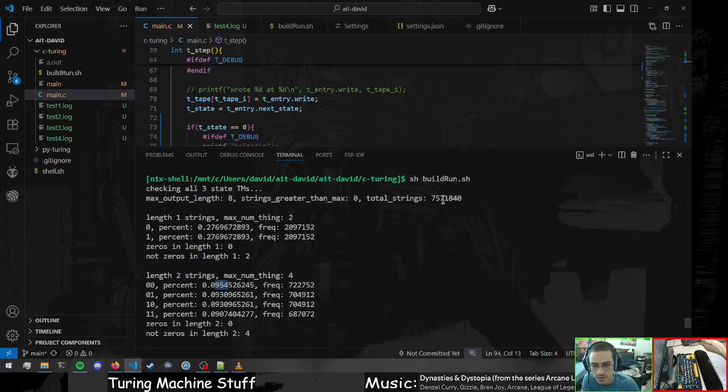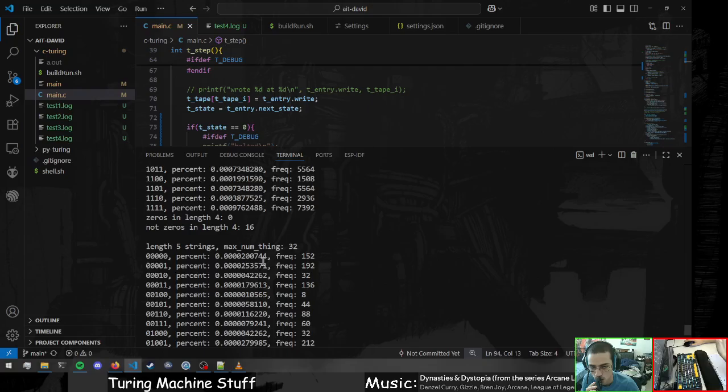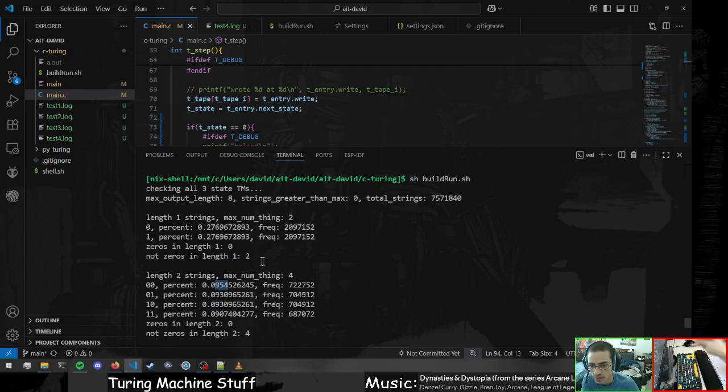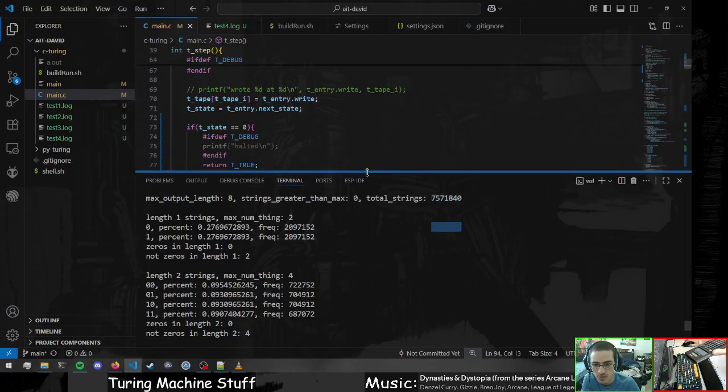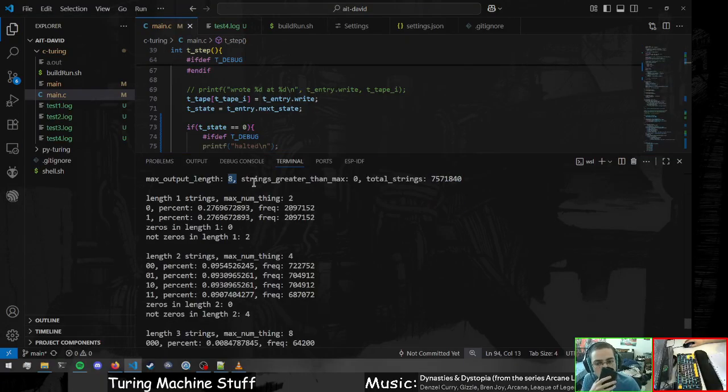What's odd? Something is weird here. Because here I put total strings. Is that much? Maybe it's because of the output length I put.